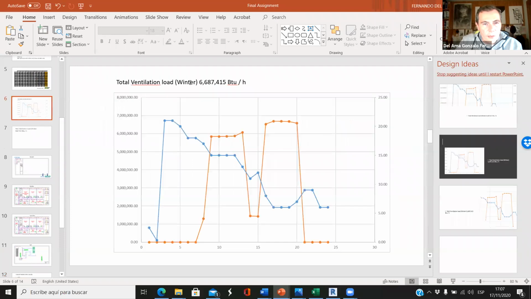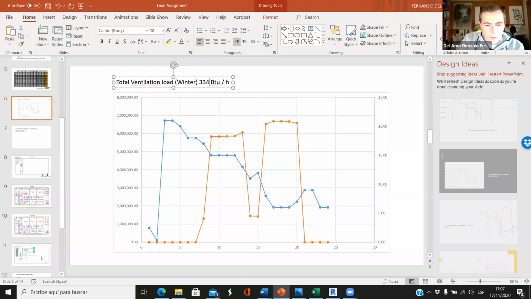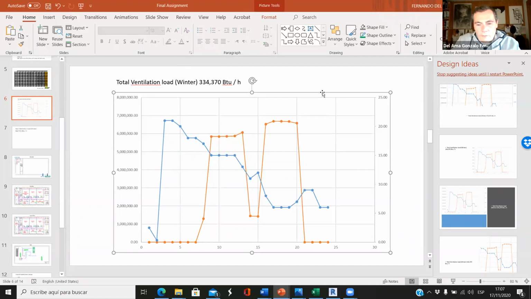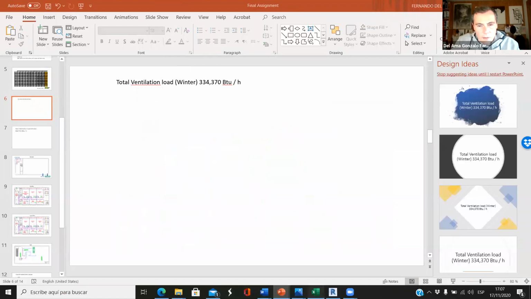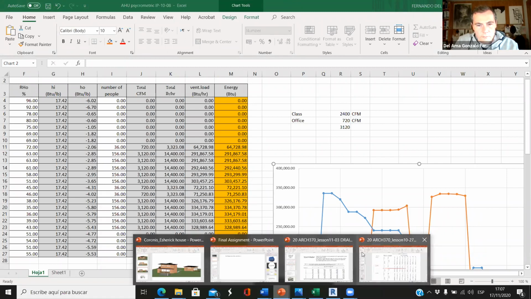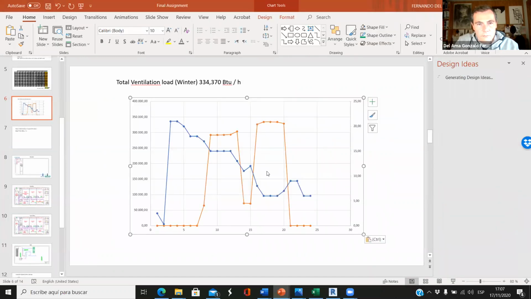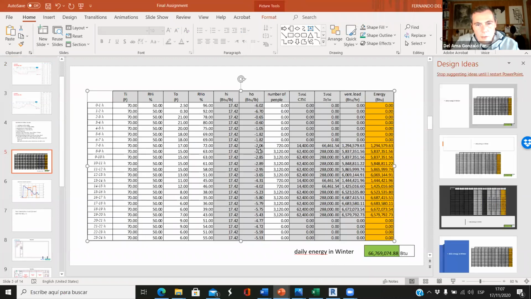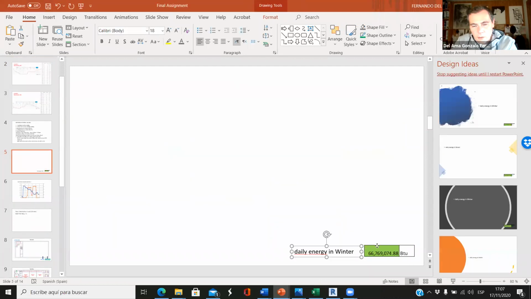So that would be 334,370 BTU hours. This graphic, no, it's not the right one. And this table has changed as well. This total.